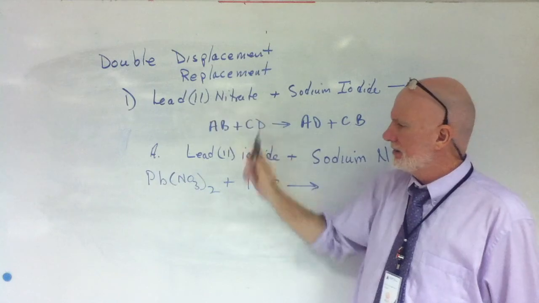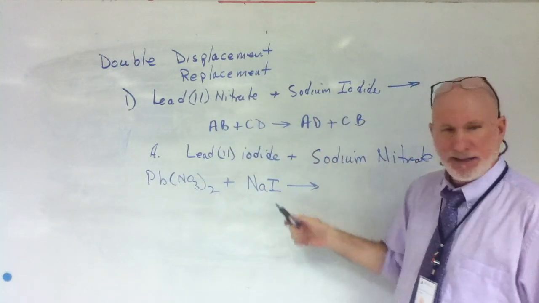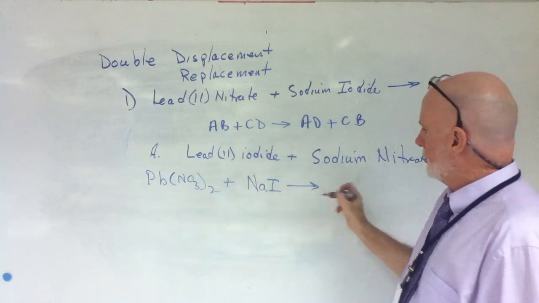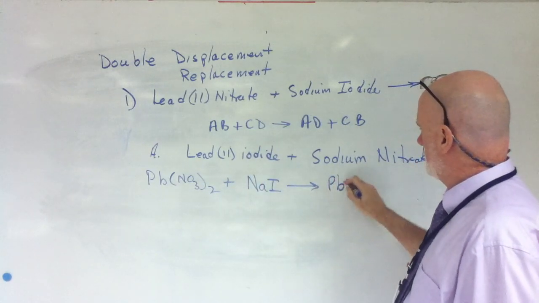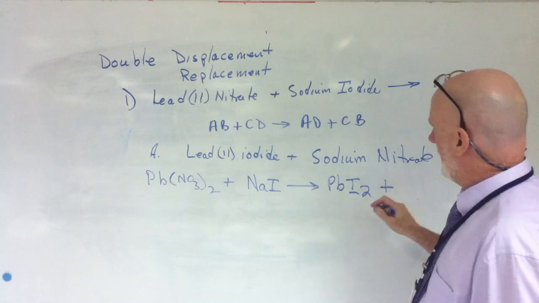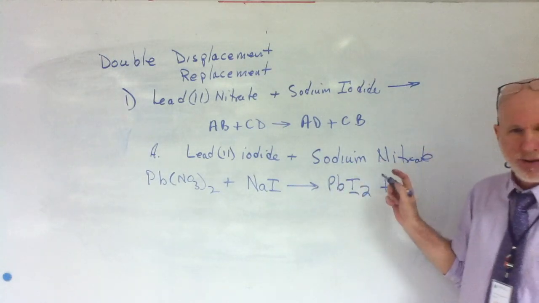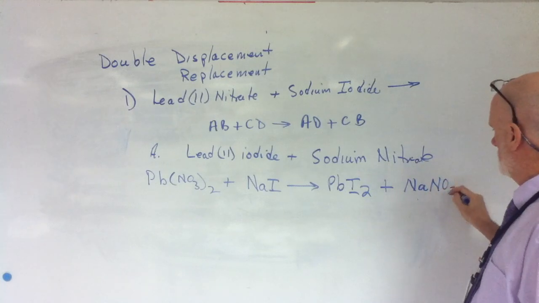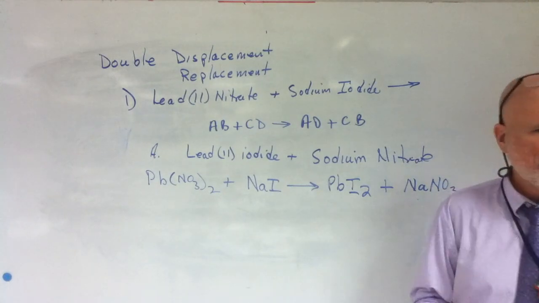I'm just saying that is that, that is that. Got it so far? This lead to iodide is this. And this sodium nitrate is this. That's it. Now you have to balance it.